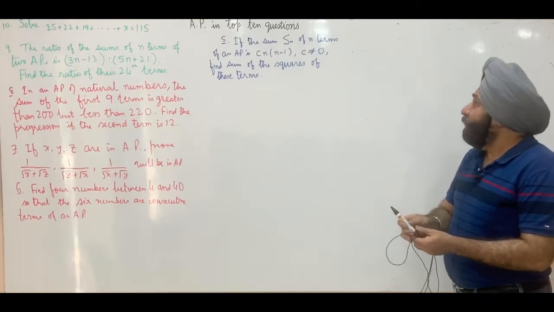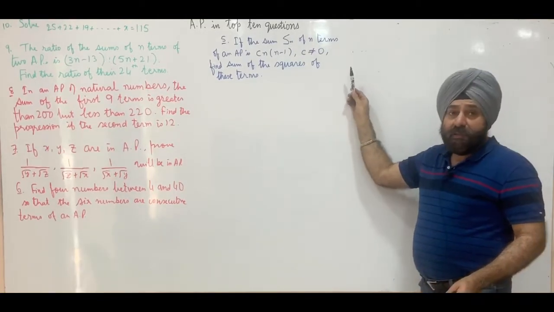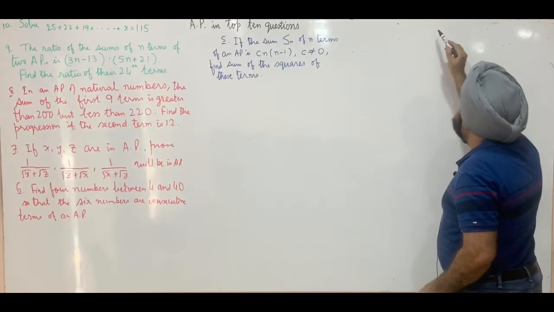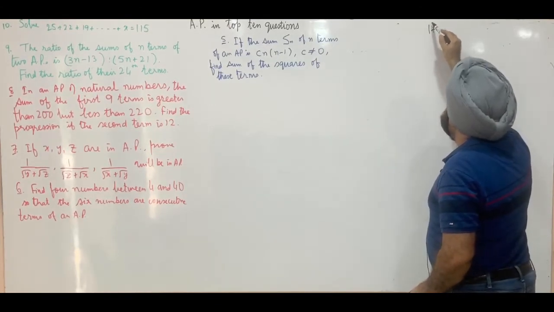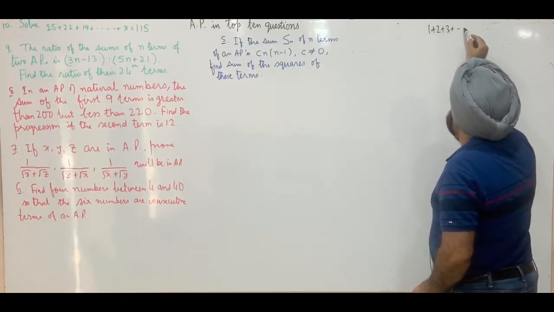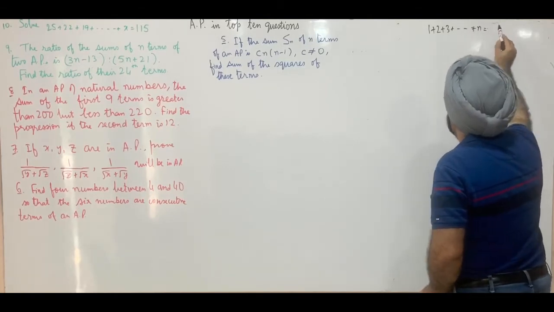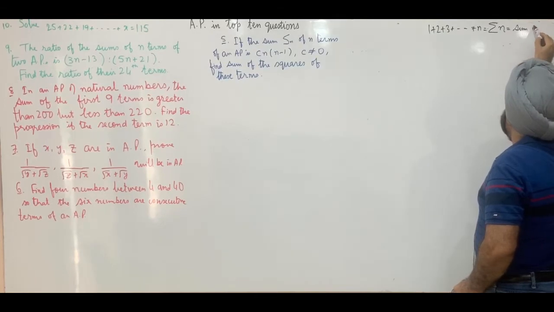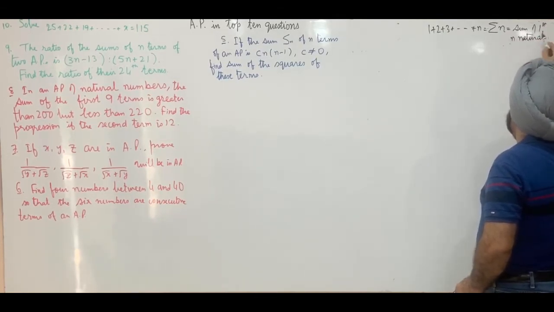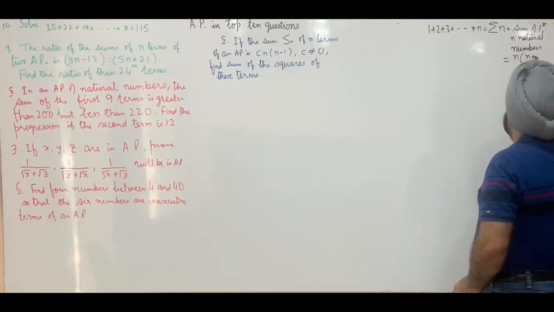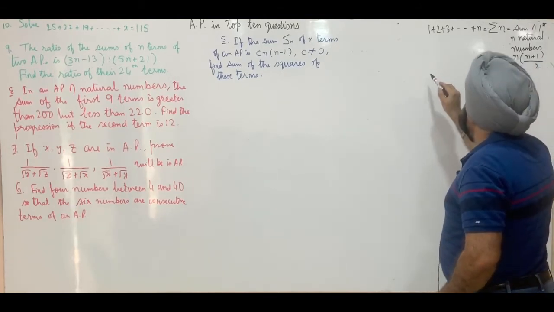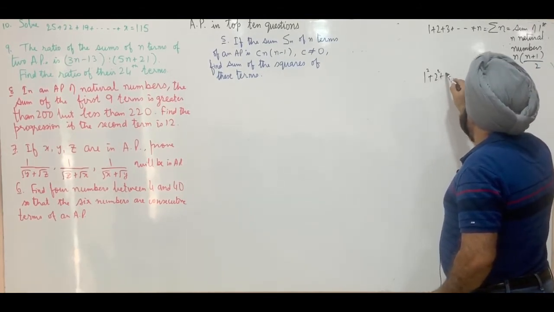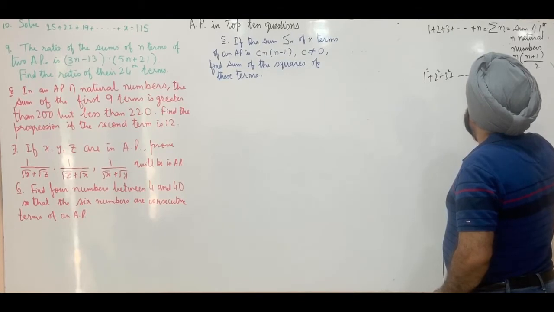So in next chapters we will study some special series. So we will learn 1 plus 2 plus 3 and so on up to n. This is written sigma n, and this is sum of first n natural numbers, and this is equal to n into (n plus 1) upon 2. 1 square plus 2 square plus 3 square up to n square.